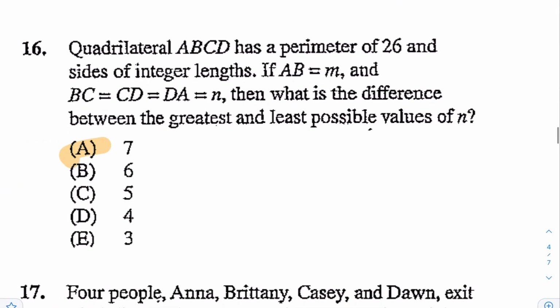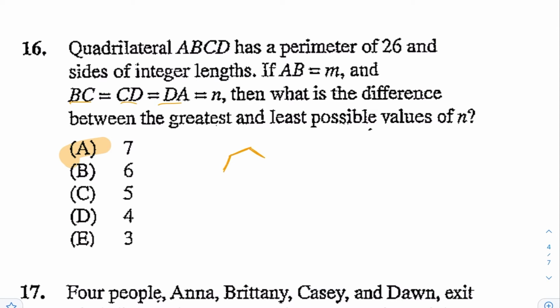All right, next for number 16, quadrilateral ABCD has a perimeter of 26 and sides of integer lengths. If AB is equal to M and BC is equal to CD is equal to DA is equal to N, then what's the difference between the greatest and least possible values of N? You have this quadrilateral where 3 sides are actually equal.